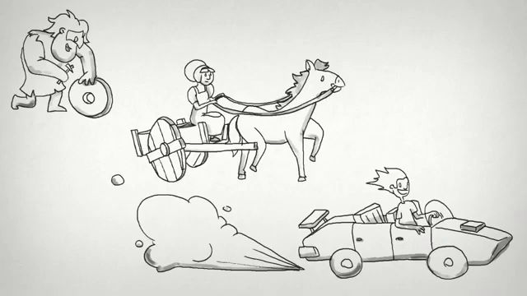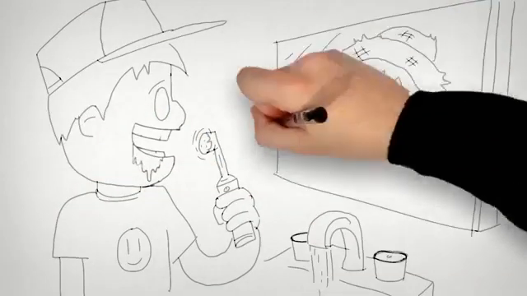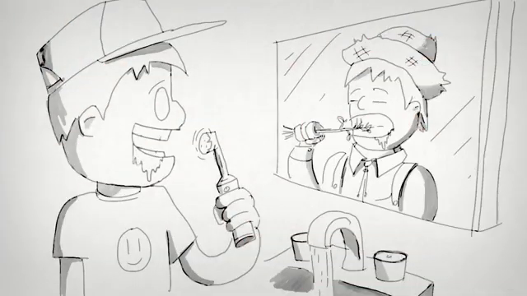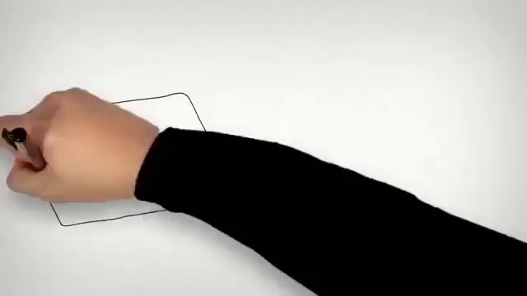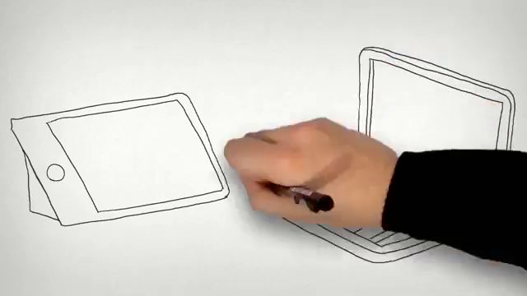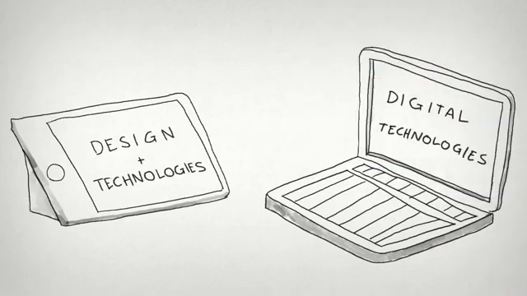technologies are all about. Learning about technologies helps us to understand how the things we use every day actually work, how they were imagined, created, improved, and delivered to others. Technologies in the Australian curriculum are divided into two distinct but connected subjects. They are design and technologies and digital technologies.